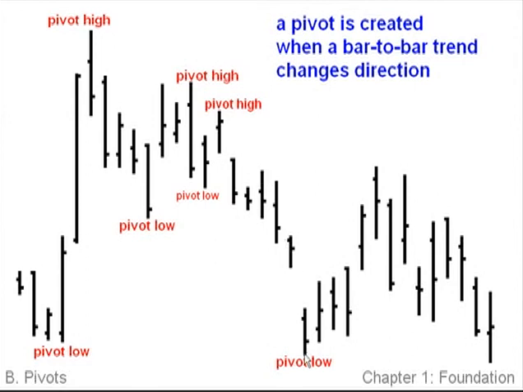So coming off of this pivot low, we move up, and again we see an outside bar here, confirmed by the following bar, making this a move up from this pivot low to this pivot high. Again, this is a semi-pivot.